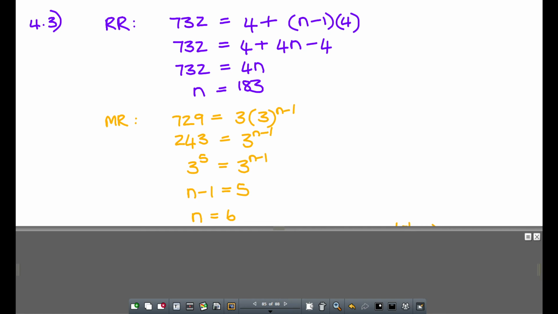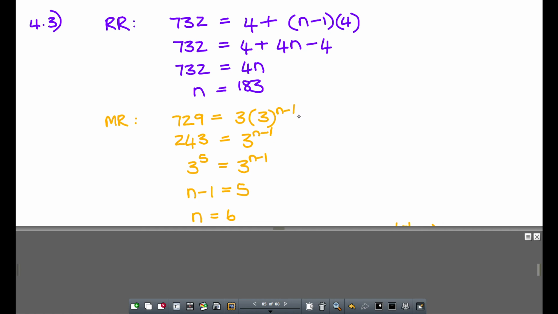Right. Okay, then let's look at the geometric one. Again, we take the last term, which was the 729, make that equal to my nth term. Now, ons moet eers gaan uitwerk, because it's geometric, we're going to have a times r to the power of n minus 1. a was 3, r was also 3, and then to the power of n minus 1.